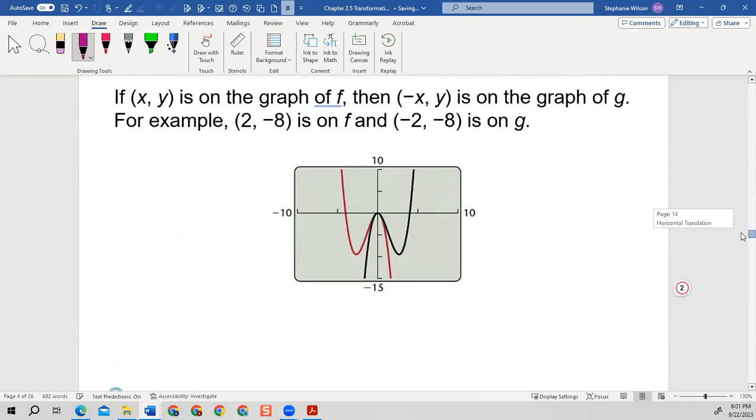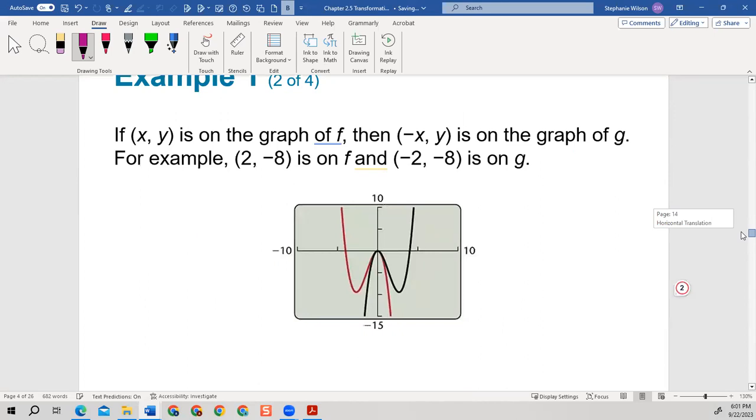Okay, this next slide is just showing you what this function looks like. If I have x positive here and negative here, and y's are both positive. In this case here, the ordered pair they gave us, the only thing different was the signs on the x value, and then we get this function that looks like this.